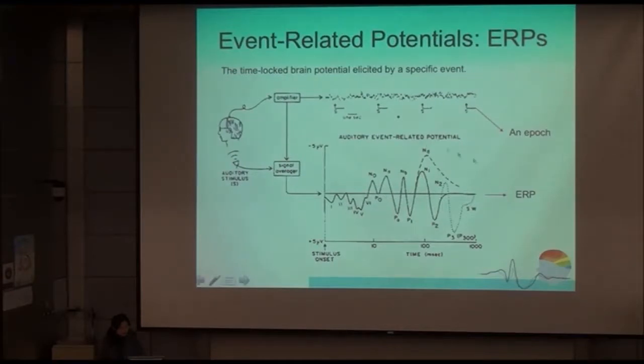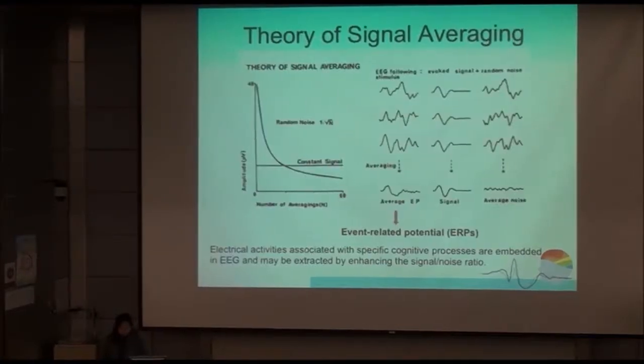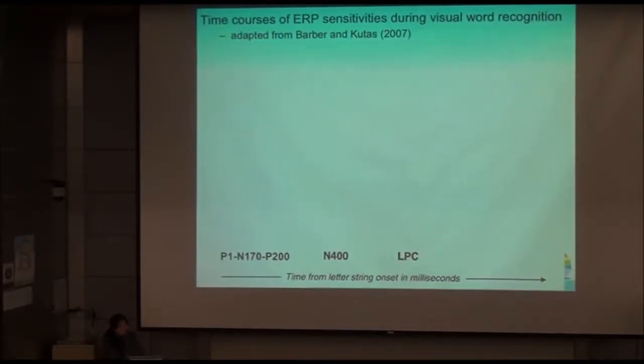The event-related potential will look like this, with a lot of fluctuations, usually with negative going up and positive going down. And we label the peaks N1, P2, and so on. At least for visual recognition, a lot of different ERP components have been identified to be sensitive to different stages of word recognition.